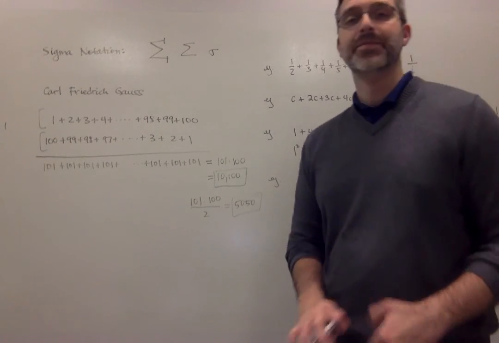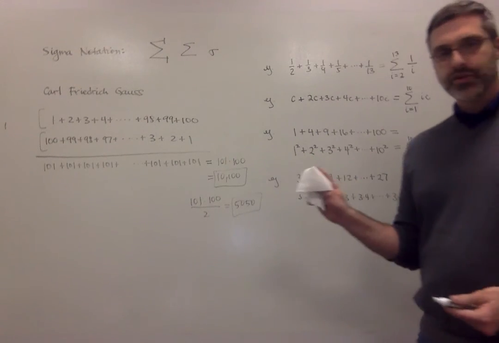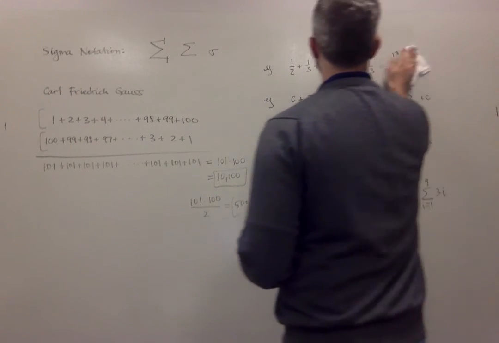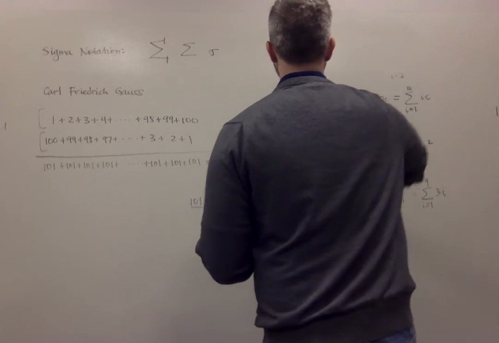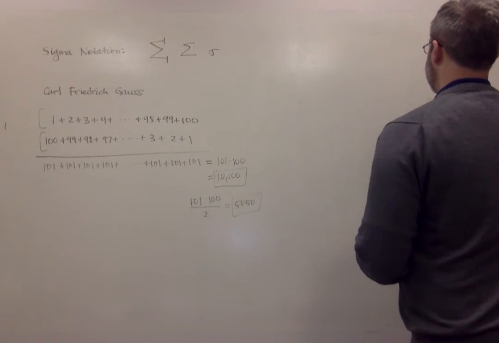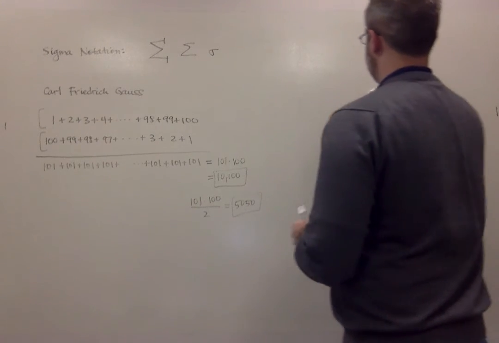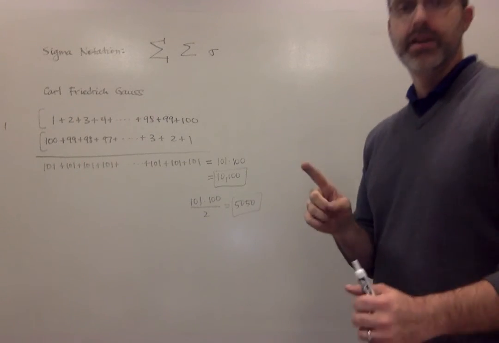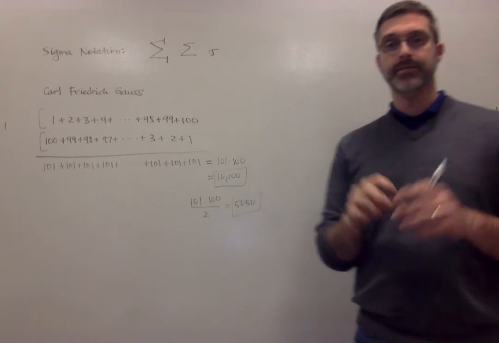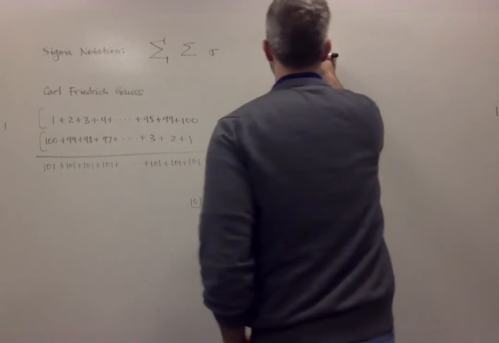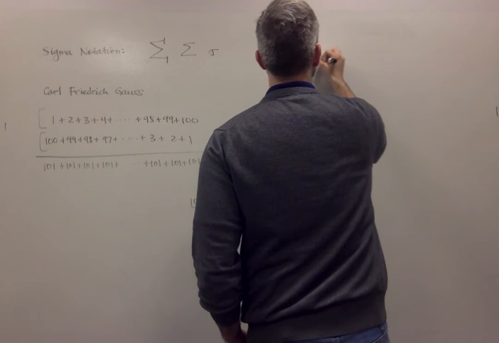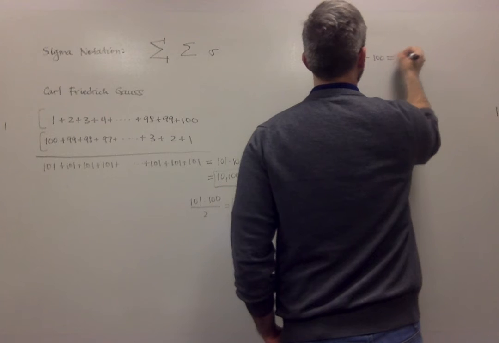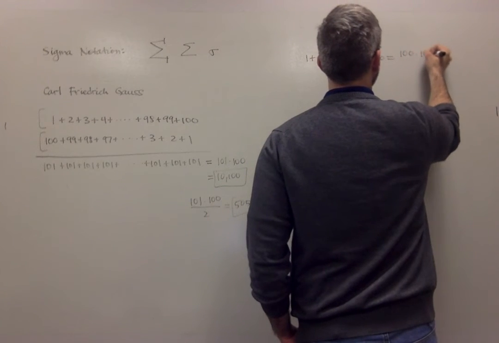So that's a cool story, but here's the tie-in. This actually immediately leads to a really nice formula. If anybody ever asks you to add up the numbers from 1 to something, what you'll notice is that if we add up the numbers from 1 to 100, that turns out to be 100 times 101 over 2.